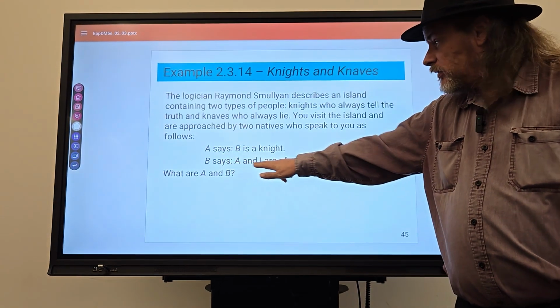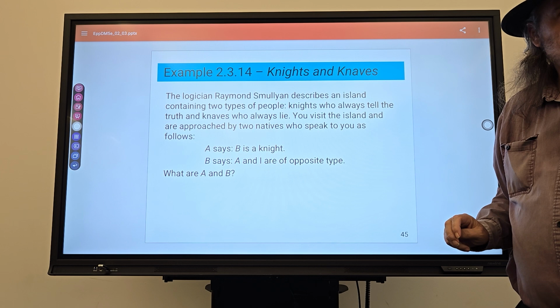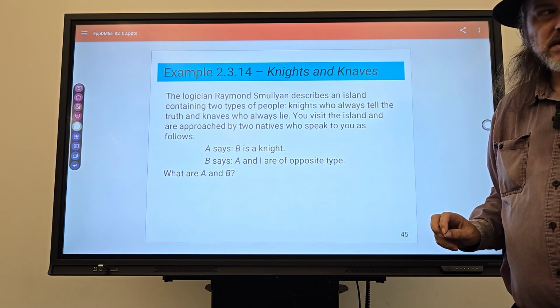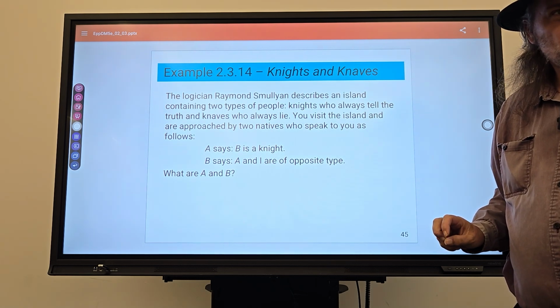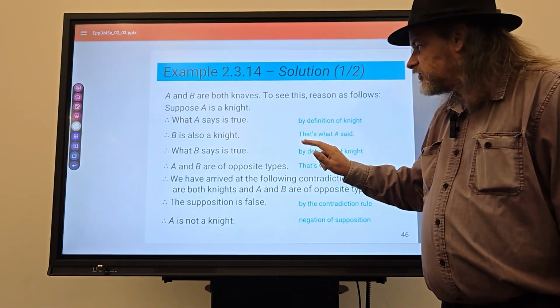Knaves lie, so they're not of opposite type. Okay, you see it now?